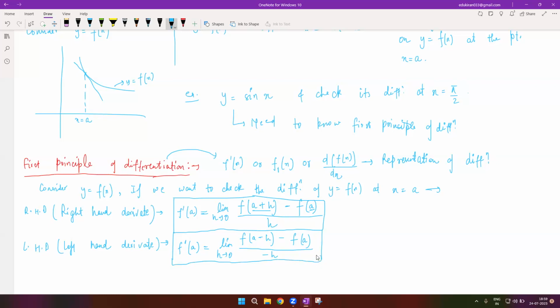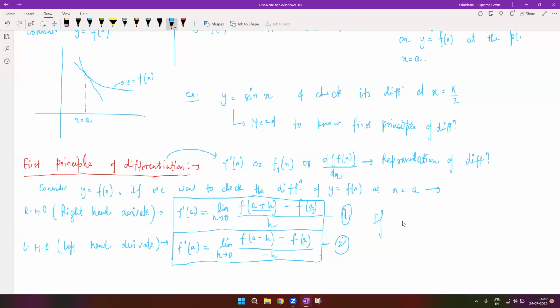And if both of these are equal, let's say this is 1. Okay, my bad, sorry. So let's say this is 1 and this is 2.